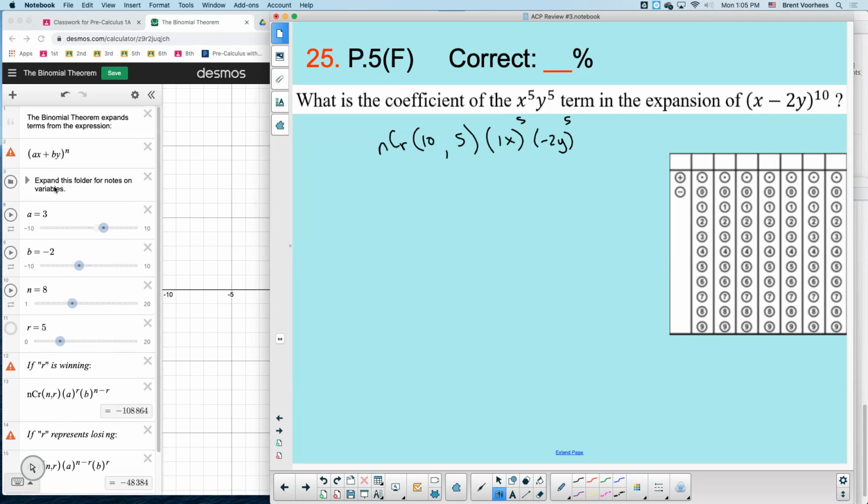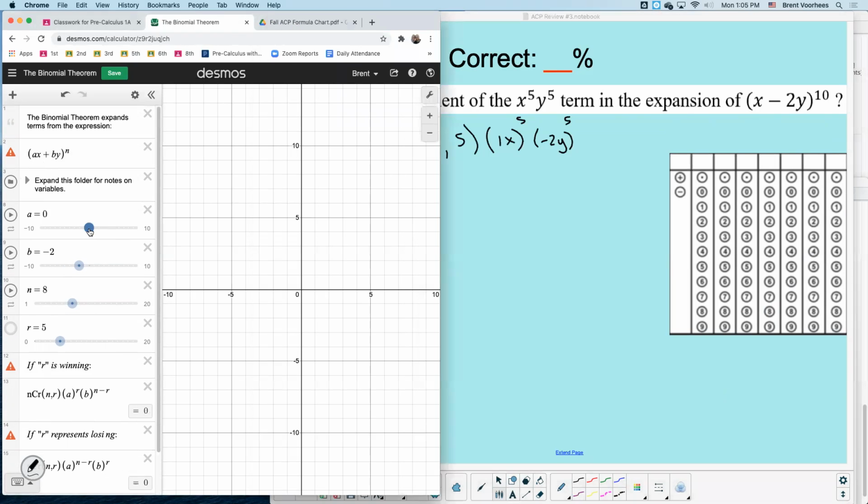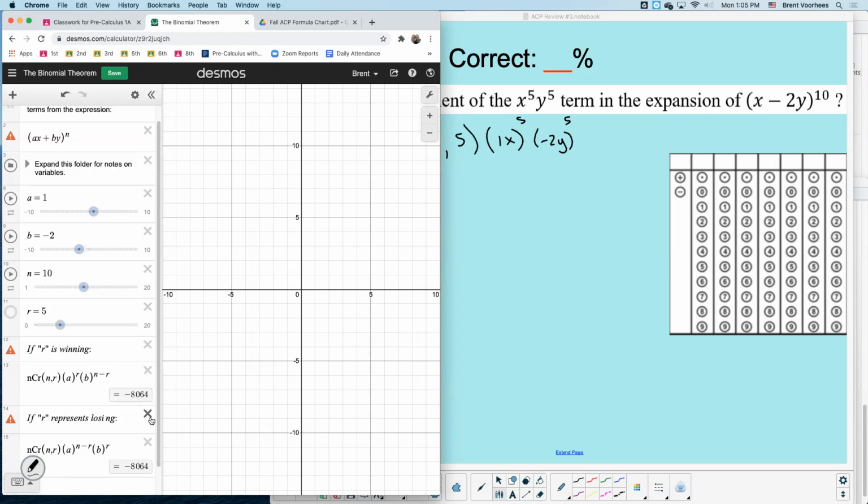If you're going to use my calculator, a in this problem is 1 because I have 1x. I have minus 2y. So again, the b is the same. N is now 10. R needs to be a 5. In this case, because I have 5 wins and 5 losses, it's the same answer.